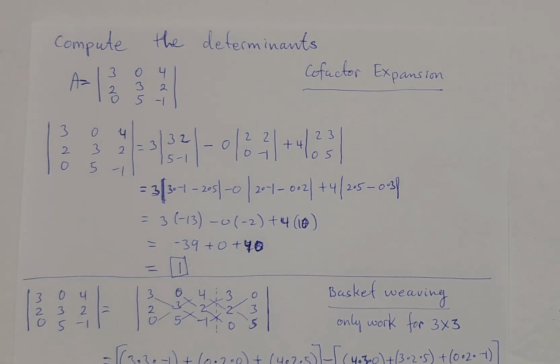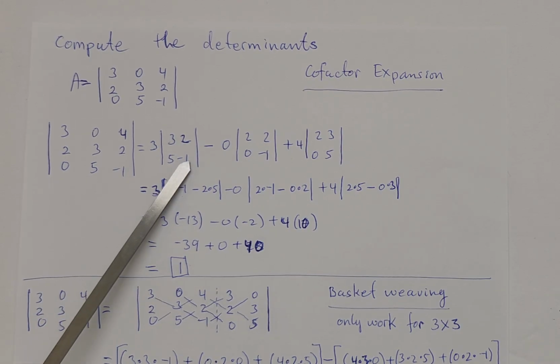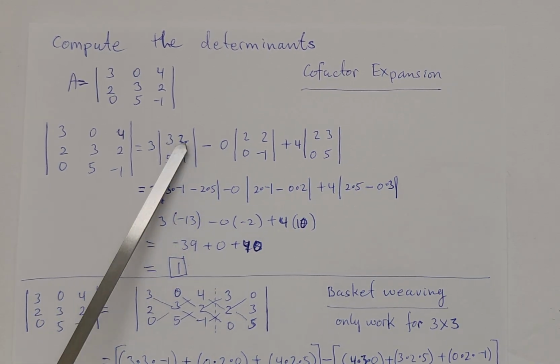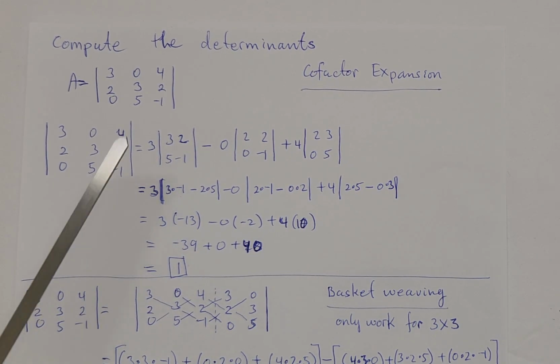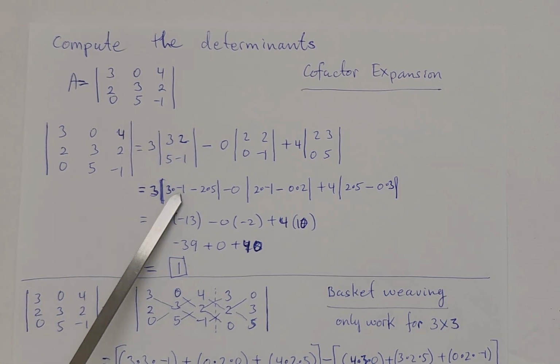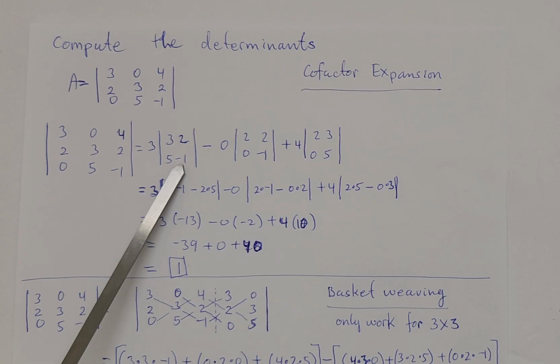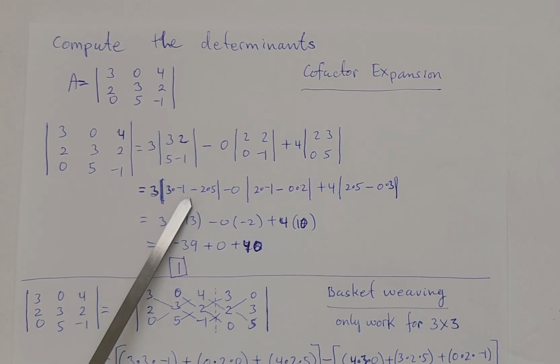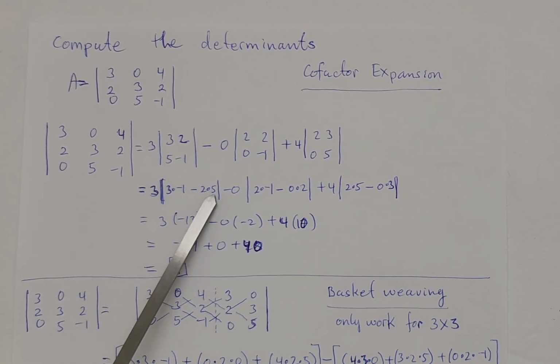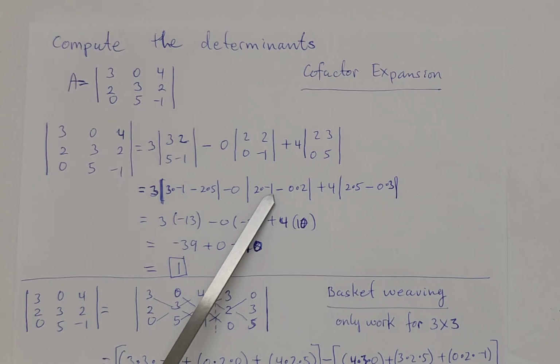If you remember from the previous lesson, for a 2 by 2, we just do A times D minus B times C. So 3 times negative 1, which is here, always minus, and then 2 times 5, which is here. Go on to the next one.